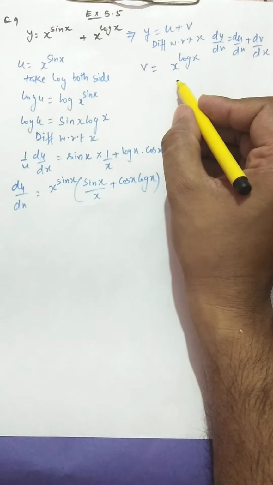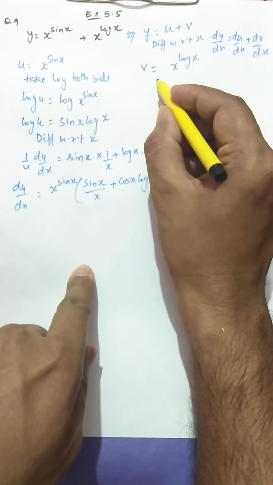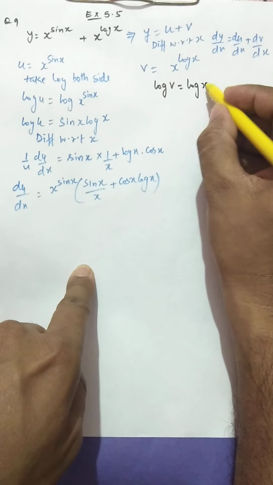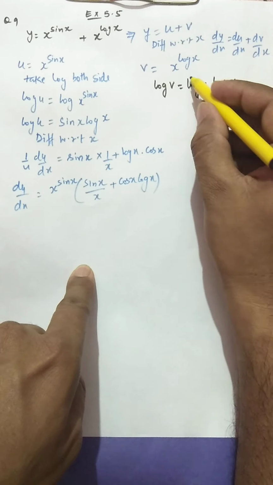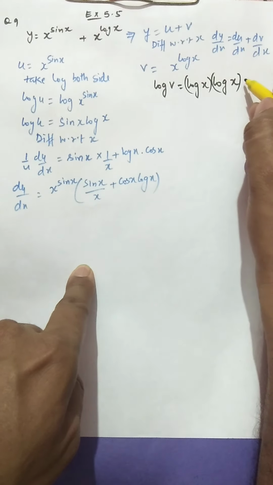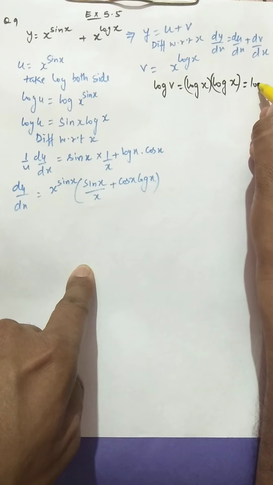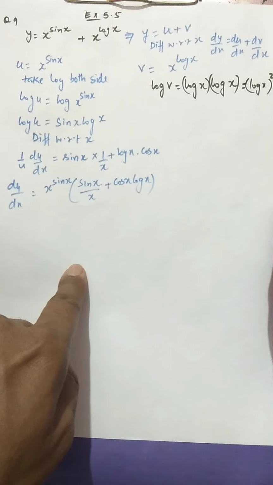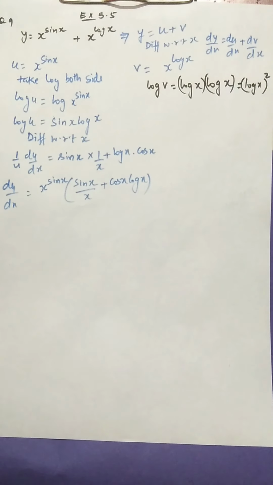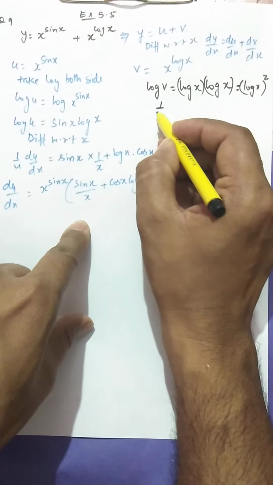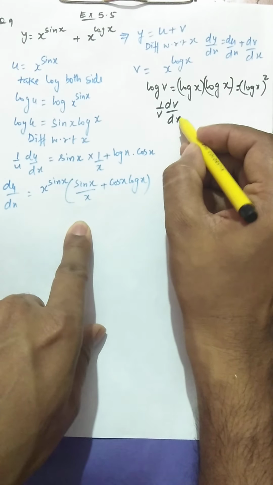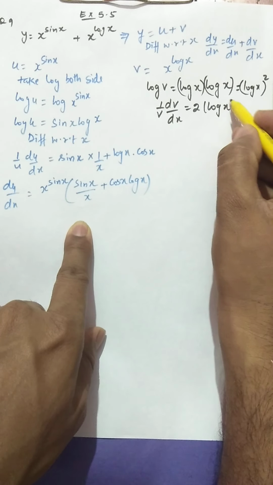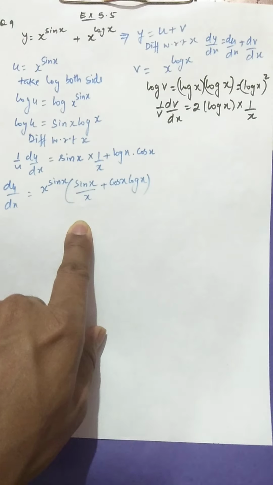Now we'll find the value of dv upon dx. Again we are taking log both sides, so this will become log v, which is log x log x. You can see this further can be written as log x whole square. When I differentiate, I have to use the chain rule, and according to the chain rule, it will be dv upon dx, and this will be 2 log x, and then this will be x.